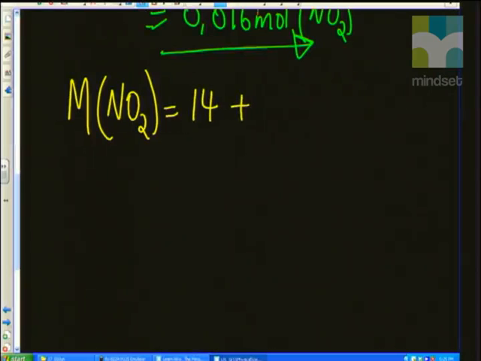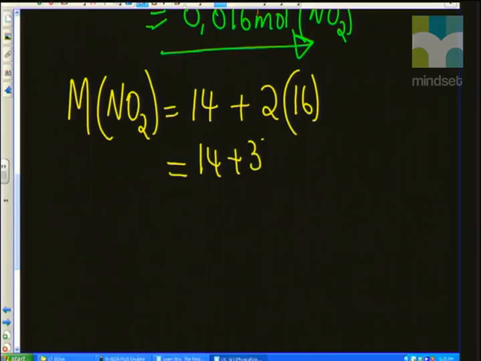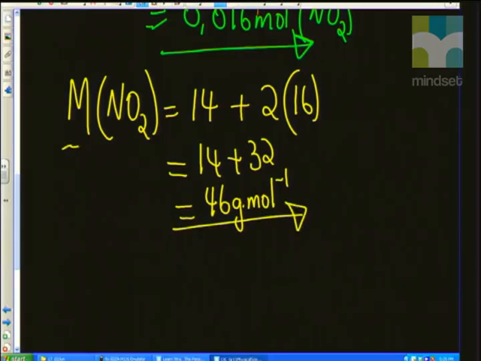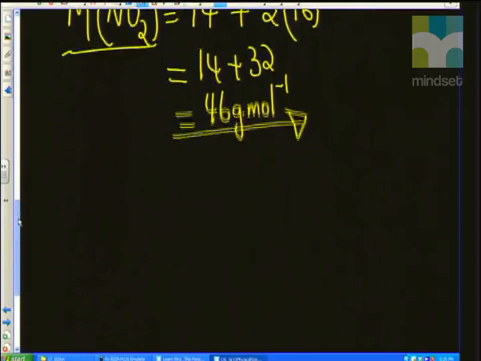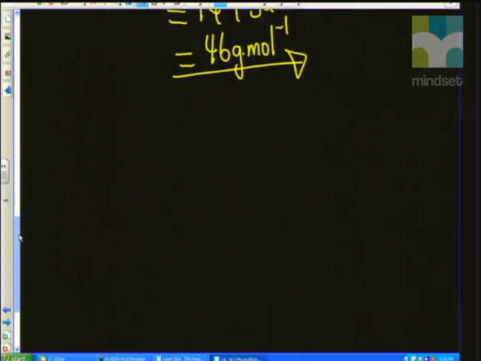For oxygen, it's 16, but we don't have just one oxygen atom. We've got two, so it will be 2 times 16. This becomes 14 plus 32, and therefore this is 46 grams per mole. This is the molar mass of nitrogen dioxide.